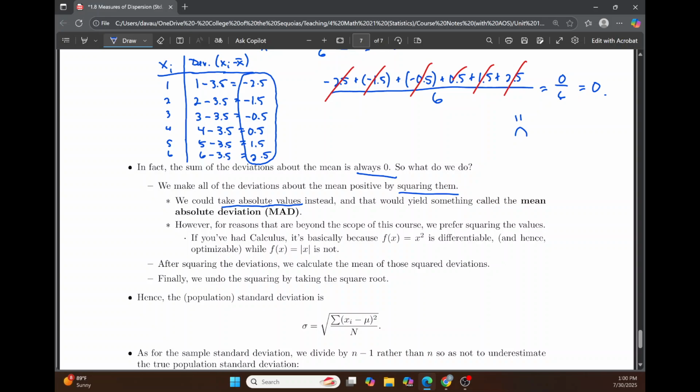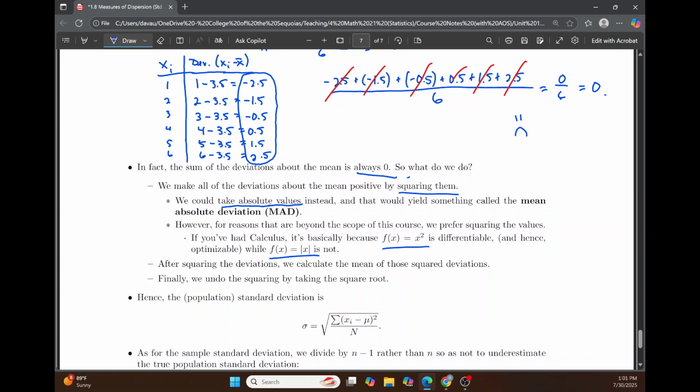If you've had calculus, it's basically because f of x equals x squared is differentiable and hence optimizable, while f of x equals absolute value of x is not, right? So anyway, it's just mathematically easier to work with the standard deviation rather than the mean absolute deviation.